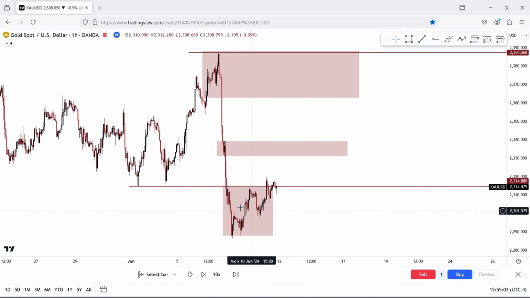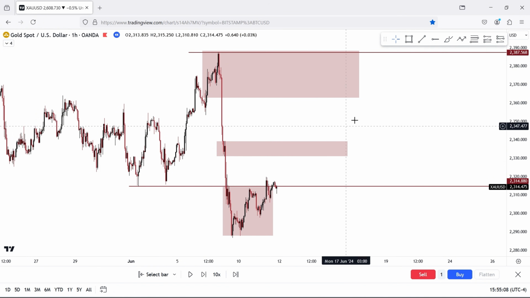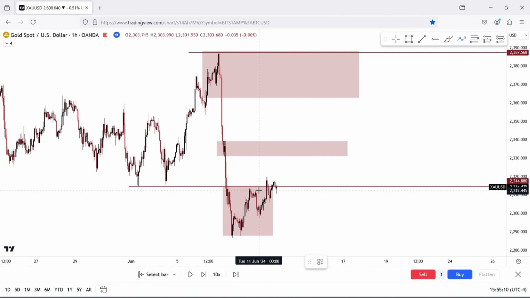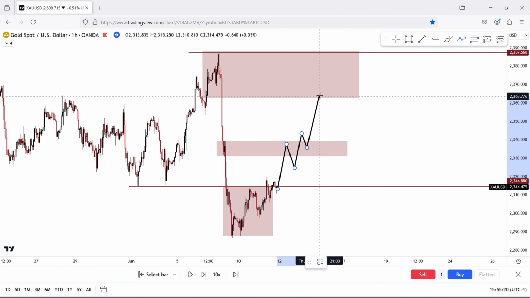So now that we had an external swing on a micro range, we can expect price to target internal liquidity, since price failed the first level of internal liquidity. So now price can target this level. Either price rejects from this level, and if price breaks through this level, we can target this level right here. If price breaks through this level, we can target external liquidity.